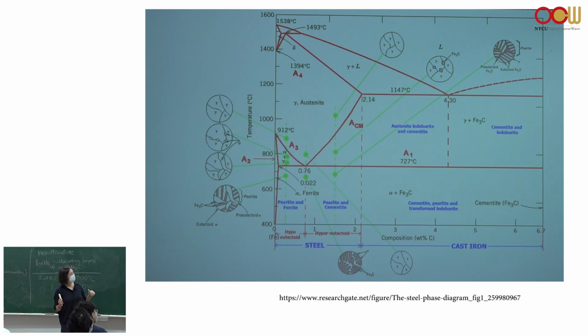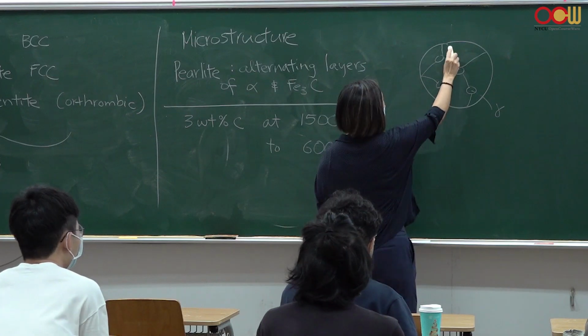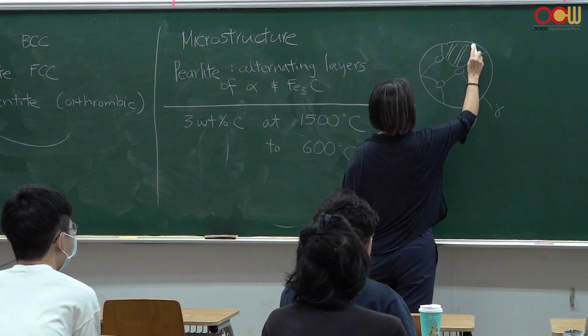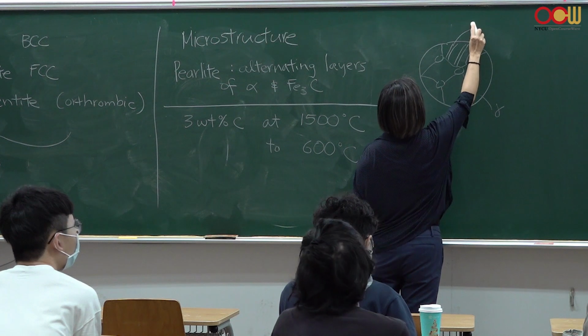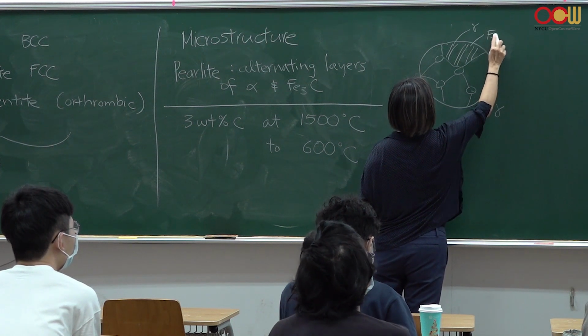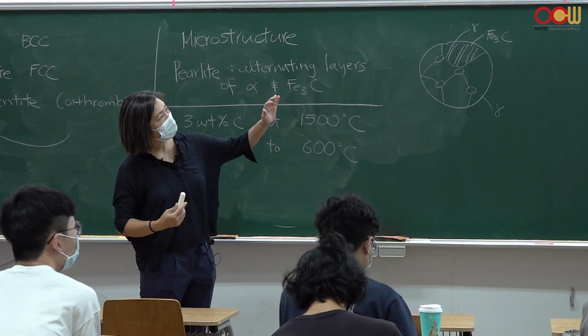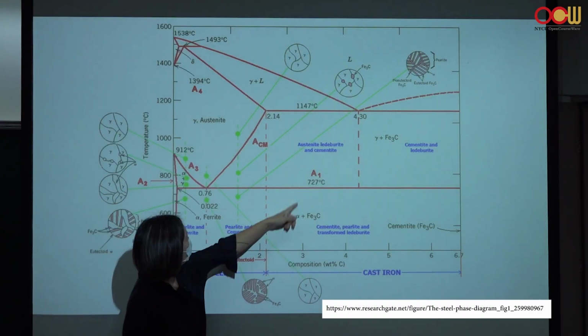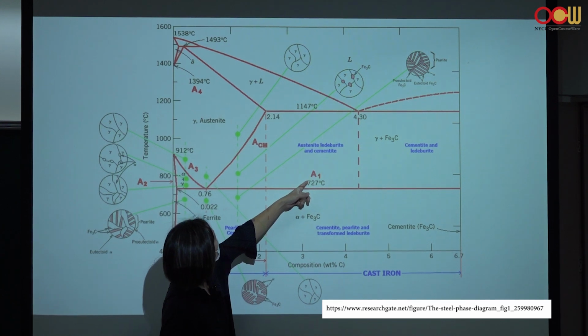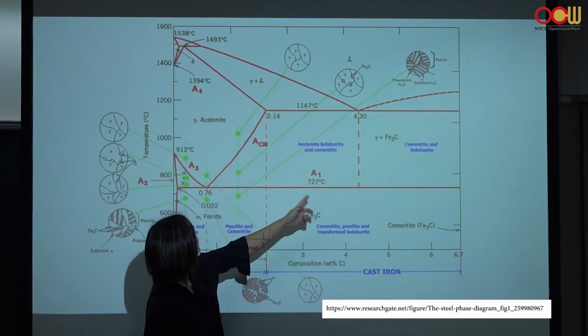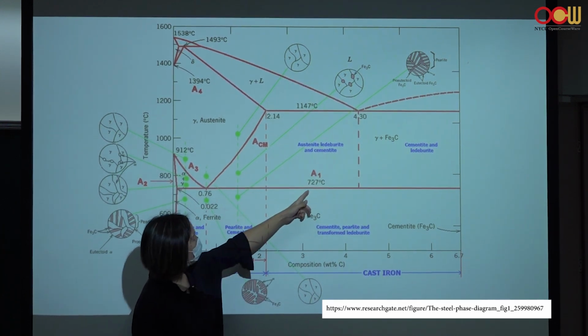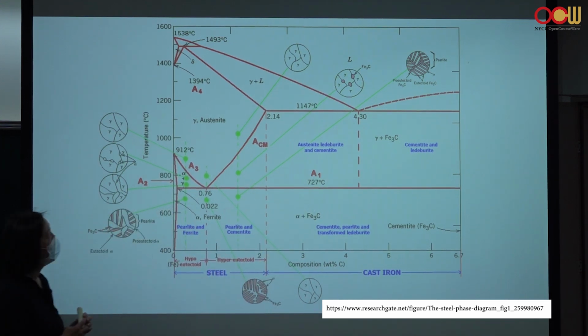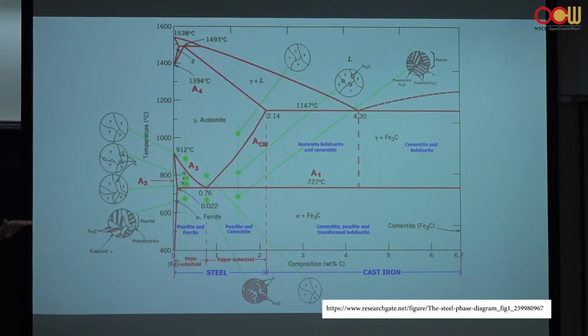And as you lower the temperature, let's say, layers of gamma and cementite. As you continue to lower the temperature, let's say just before the eutectoid temperature, 727 degrees Celsius, so you go from 1147 or 1146 to 728.